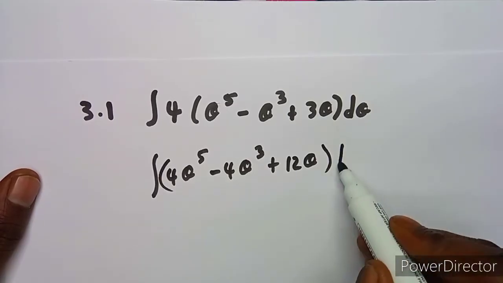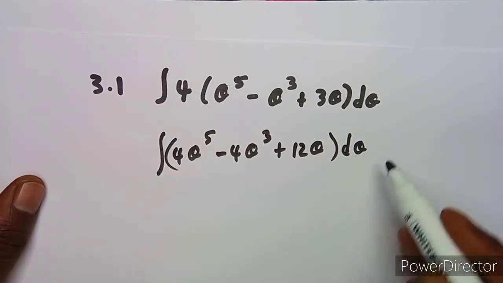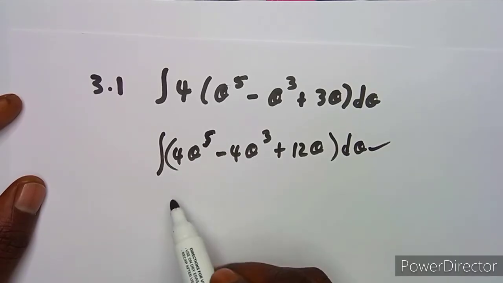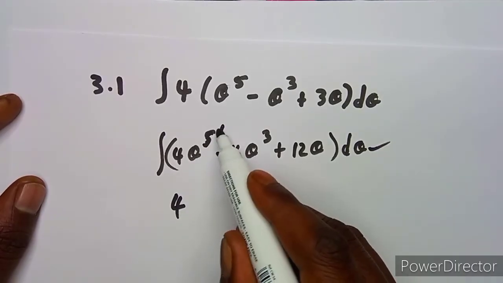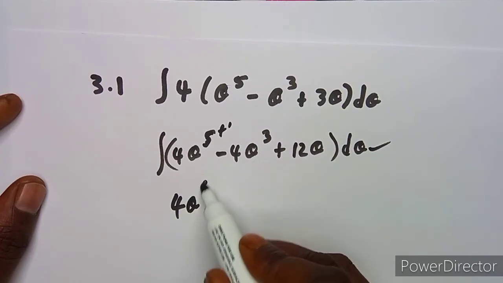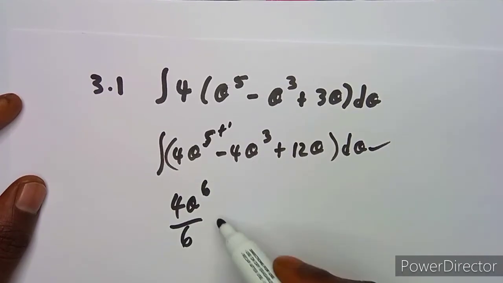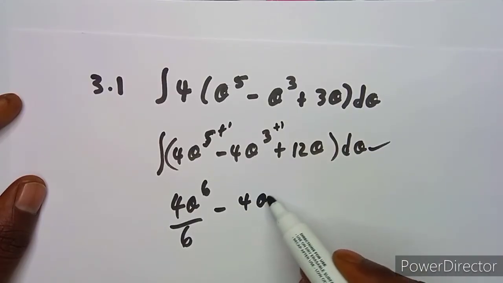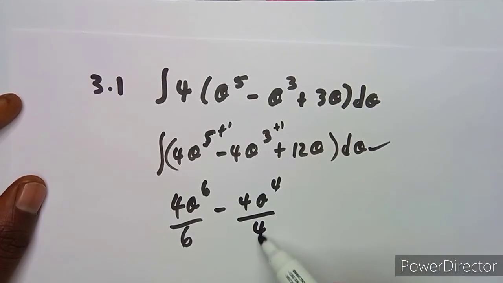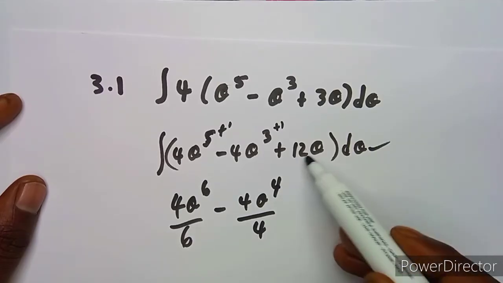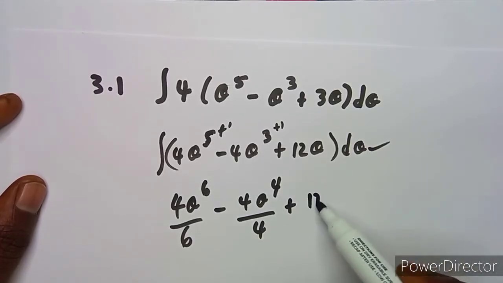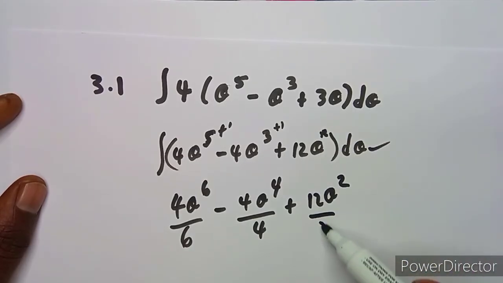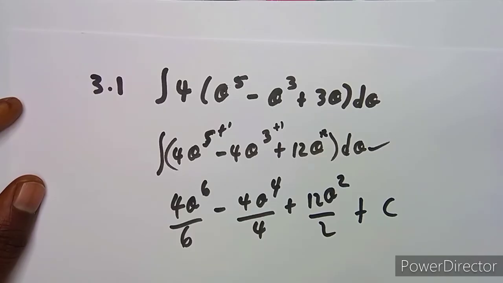Okay, now we are going to integrate with respect to theta. Remember, when you integrate, guys, you add to the exponents. So we add 1, so it's going to be theta to the exponent of 6 over 6 minus, we add 1 here, 4 theta to the exponent of 4 over 4. All right, plus 12 theta to the exponent of 2, if we add 1, over 2, plus the constant of integration.